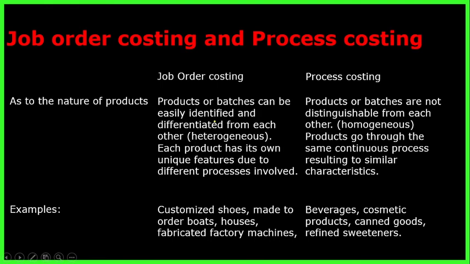So as to the nature of the product, okay, for job order costing, products or batches can be easily identified and differentiated from each other. Dito yung pumapasok yung heterogeneous term na yan. Okay, like for example, magandang example dito si Reed's Buttery.